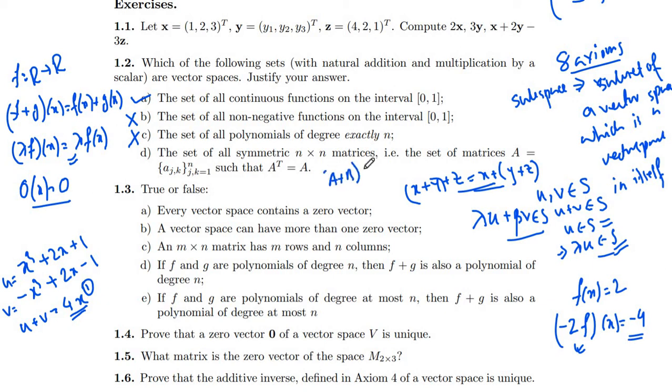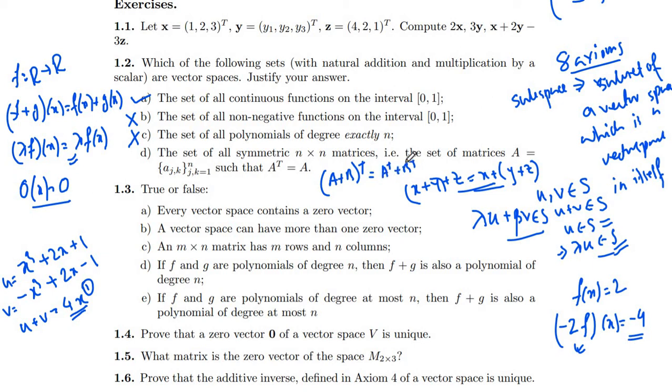Let me do the transpose. What do you get if we do the transpose of A plus B? If you just look at the definition of transpose carefully, then it should be pretty obvious that this is nothing but A transpose plus B transpose. Now if you see, it's pretty evident.